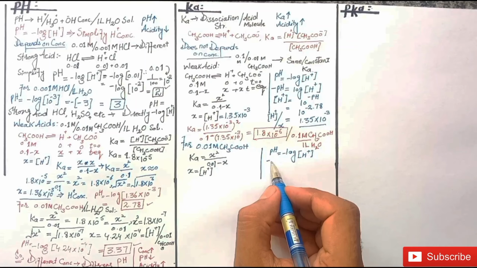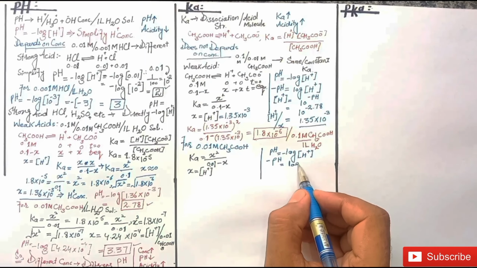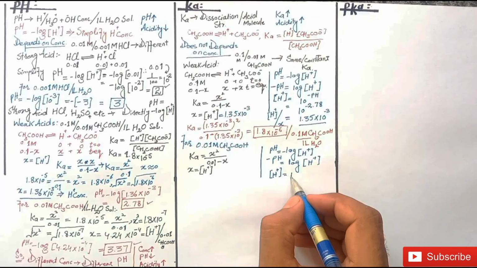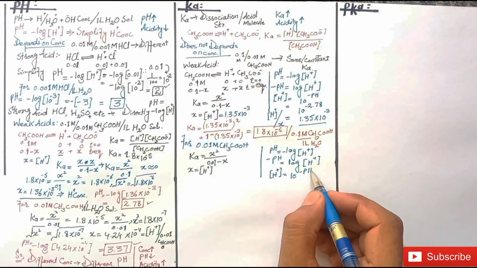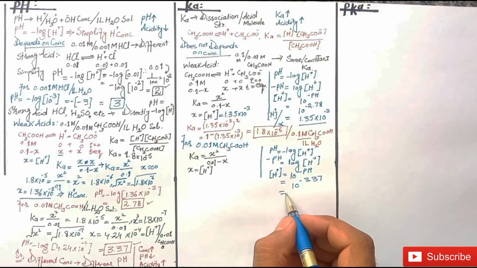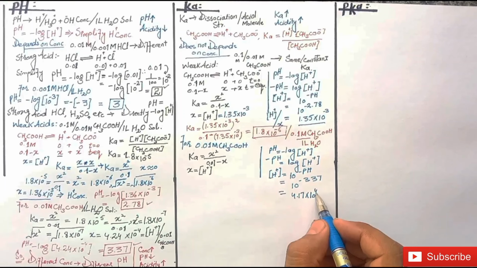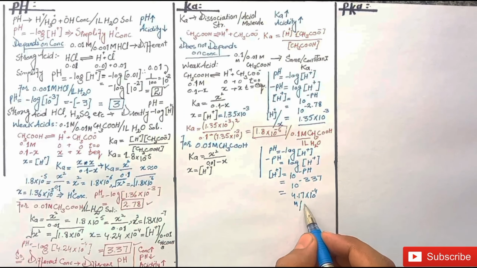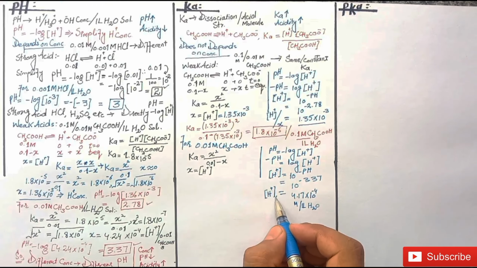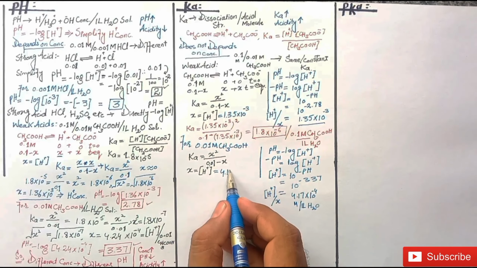Now we rearrange this equation, and as we know that log is the reverse of power 10, we can write this equation as follows. Now as we have calculated the pH value of 0.01 molar acetic acid, by putting in this value we can find out the hydrogen ion concentration, which is 4.17 cross 10 power minus 4. This is the molar concentration of hydrogen ion in that aqueous solution.